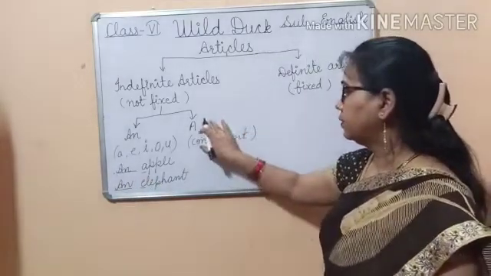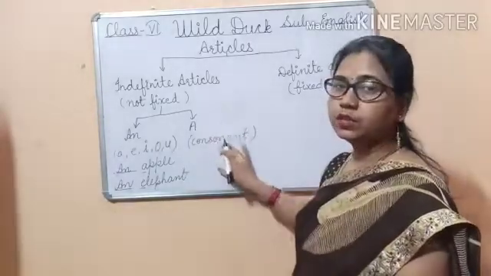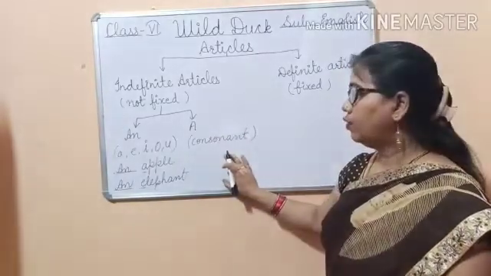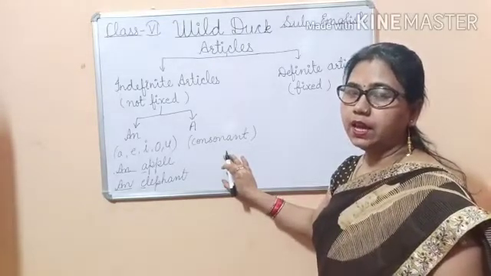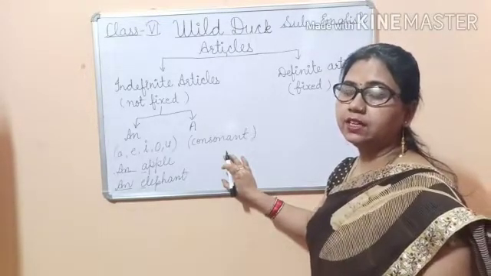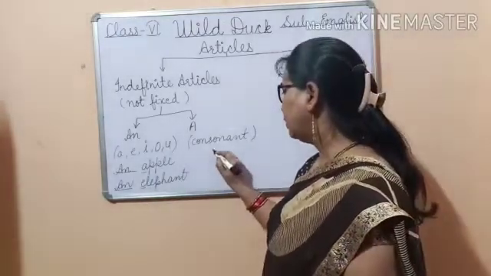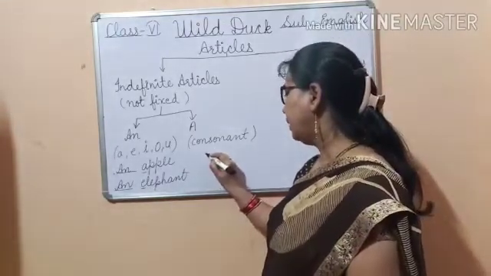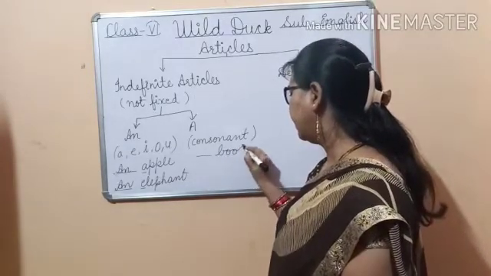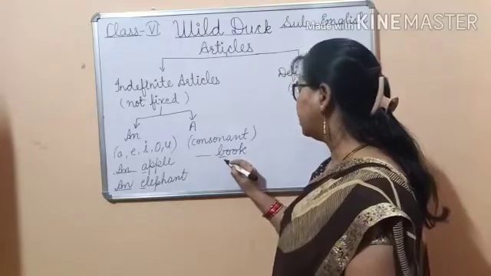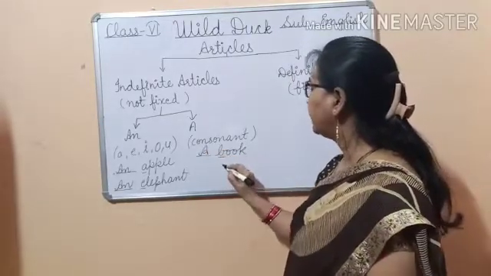Our next indefinite article is a. We use a before a consonant, meaning B, C, D, F, G, H, like that. You already know consonants. For example, B, book: its first letter is a consonant, so we use here a book.